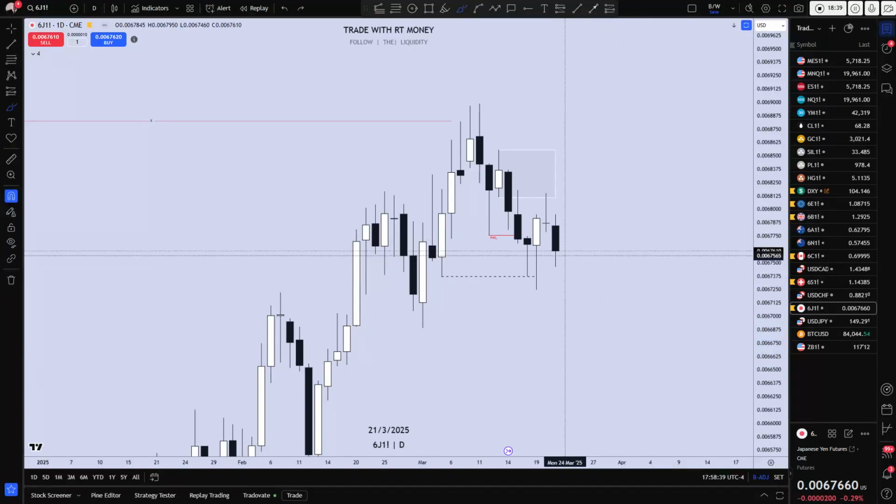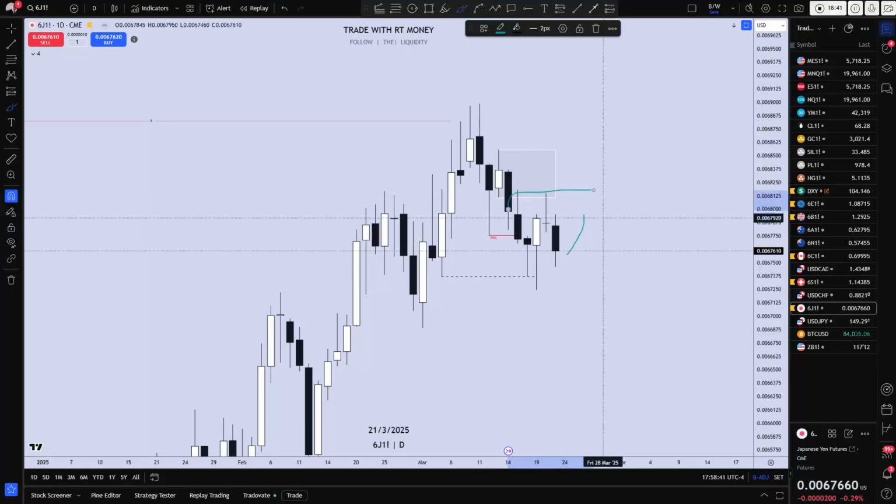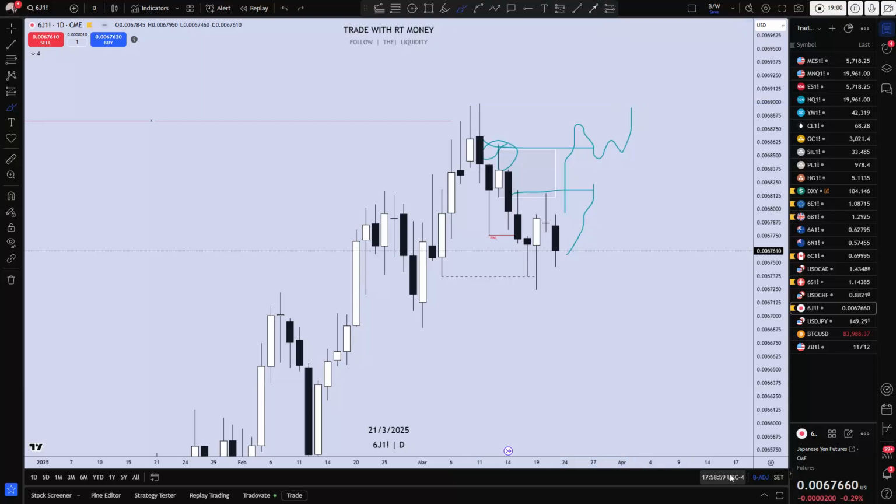I'm looking for price to turn around until it takes this high, this protected high of this supply zone. I'm going to hold off on looking for longs. Once it takes that protected high, which is a very bullish indication, I'm looking forward to it coming and taking that buy side liquidity up there.